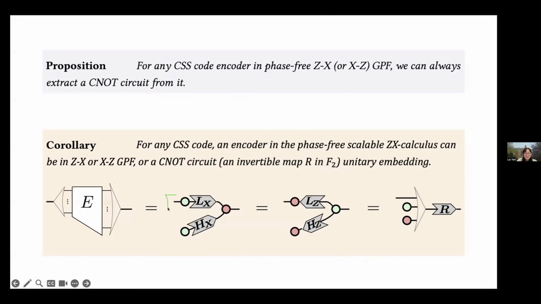A thick wire represents one or more qubits, or zero or more qubits, in this case. Then the biadjacency matrix is precisely described by these two matrix arrows. It's just a more compact notation, but it also gives really powerful rules of the scalable ZX calculus.